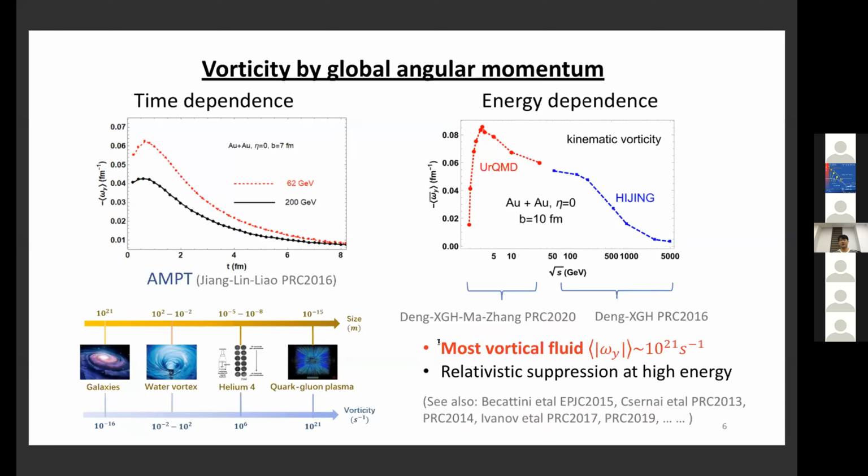What we have is the most vortical fluid in the heavy-ion collisions. So again, I need to stress that there were many similar calculations in the literature, and basically all those calculations gave important agreement that we have a very strong vortical fluid in the heavy-ion collision.